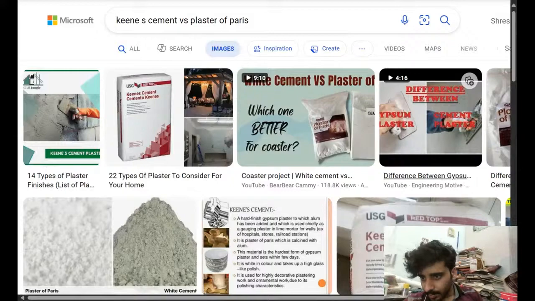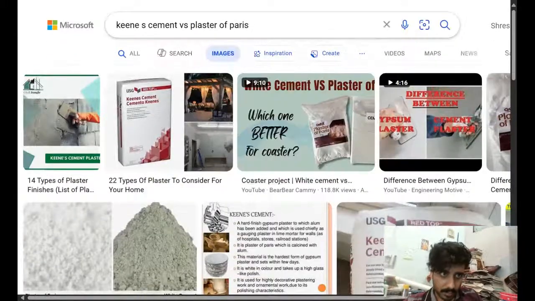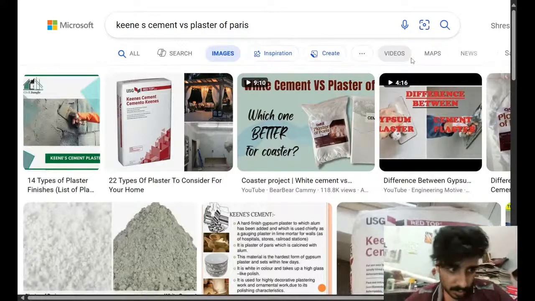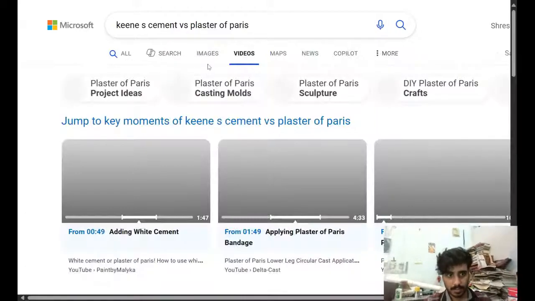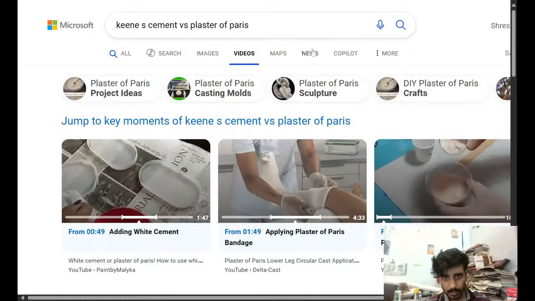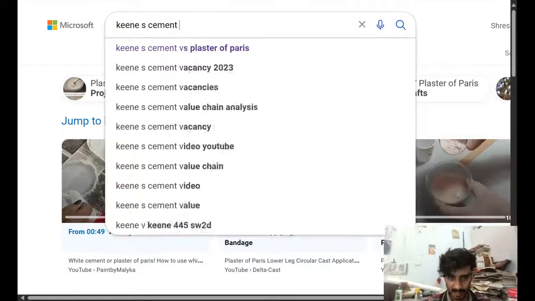The contemporary brand for Keen's cement is... Let me look for some video or something. Let's see if we can find a video, because there's no specific name for Keen's cement that I can find.